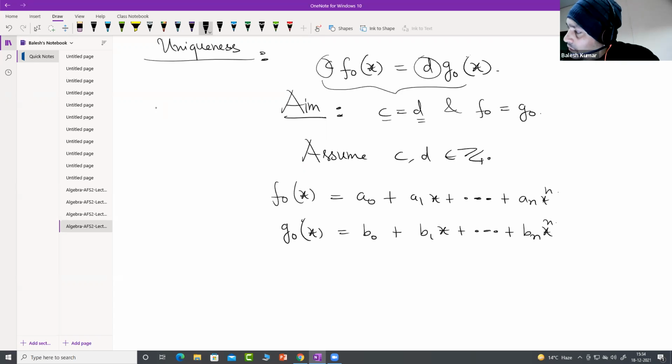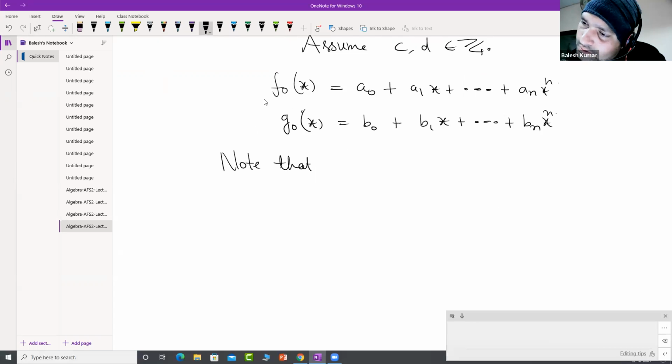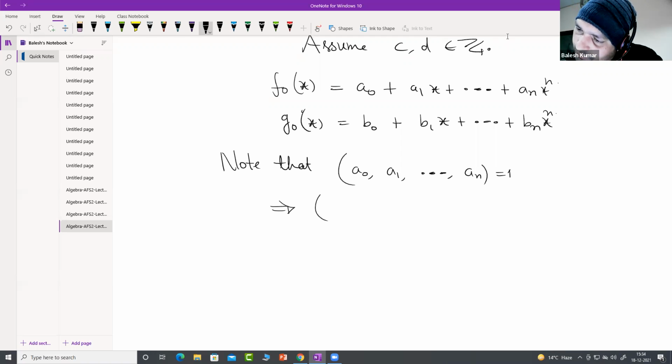Note that their coefficients a0, a1, and so on, an, are coprime, so they have GCD 1. Similarly, c times f0 will have coefficients c a0, c a1, and so on, c an, with GCD c.